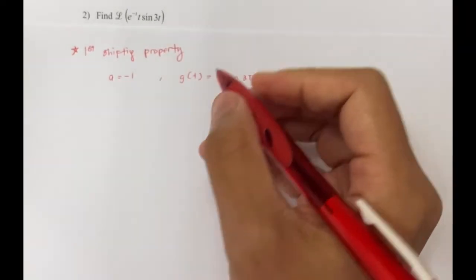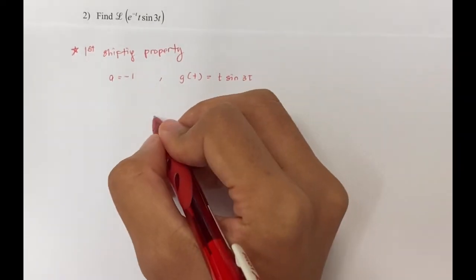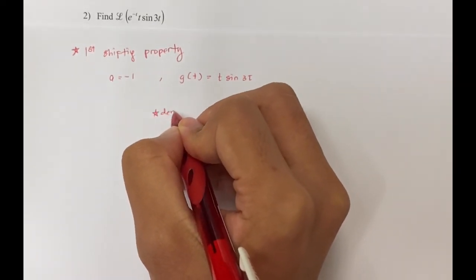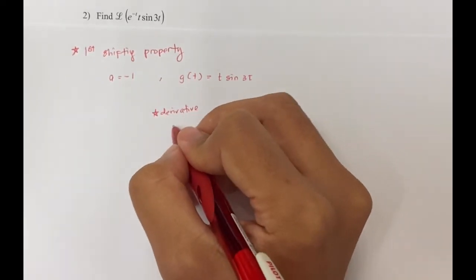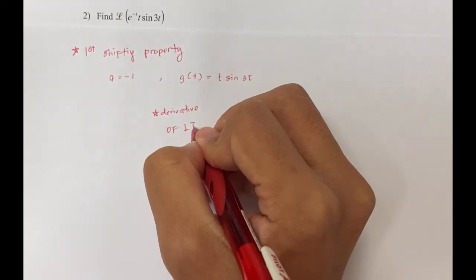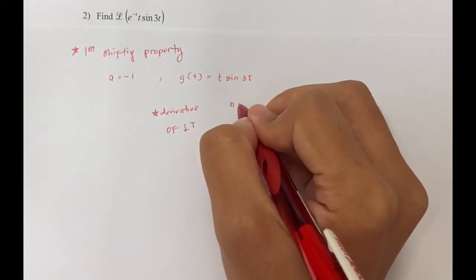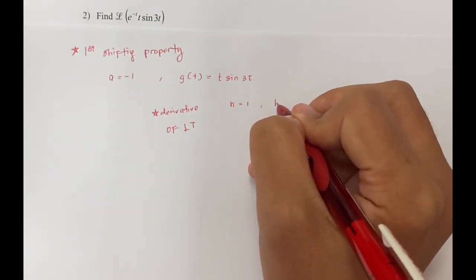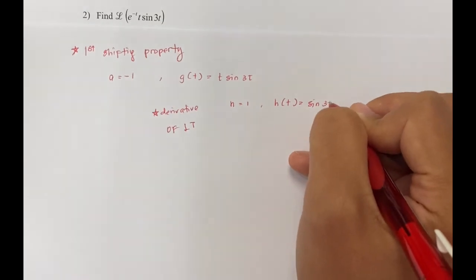Okay, and then to find the G(s), I need to use the derivative of the Laplace transform because it involves t. Since I have t, my n is equal to 1 and my h(t) is equal to sine 3t.